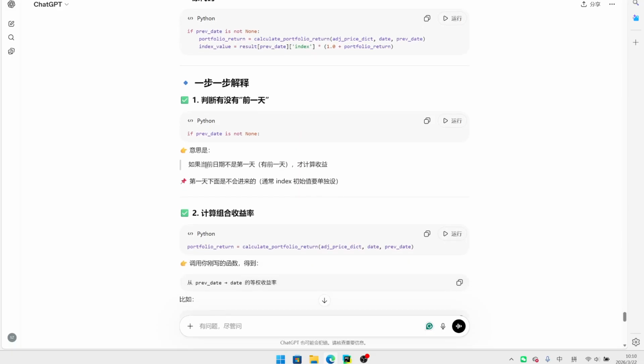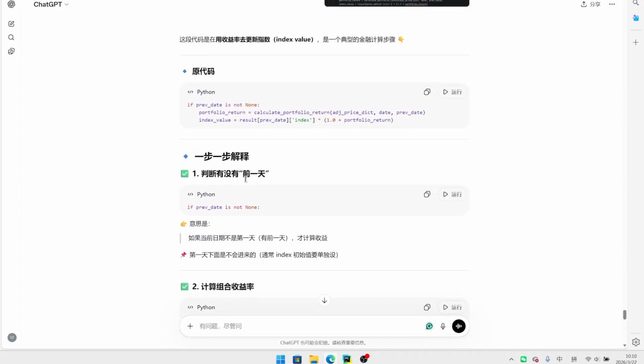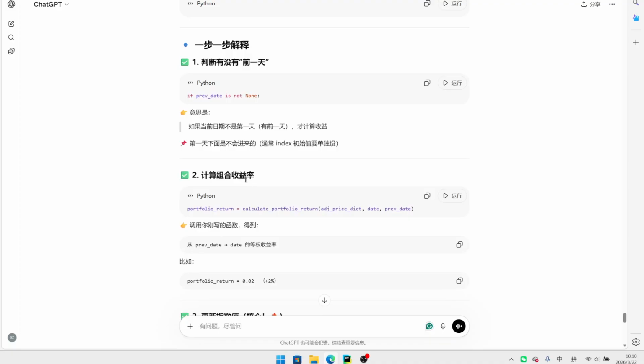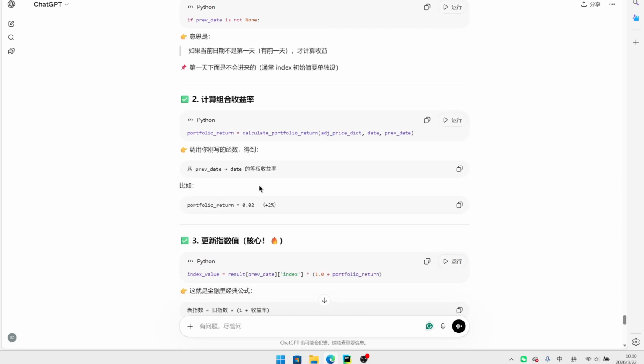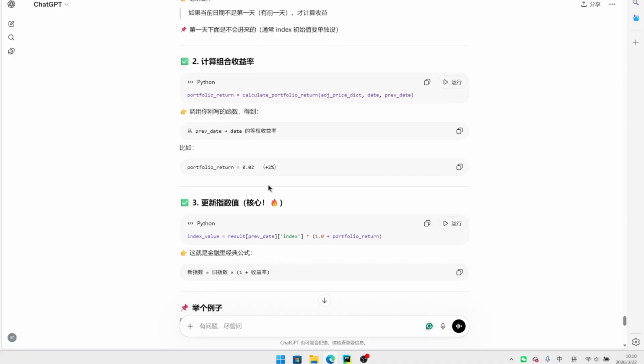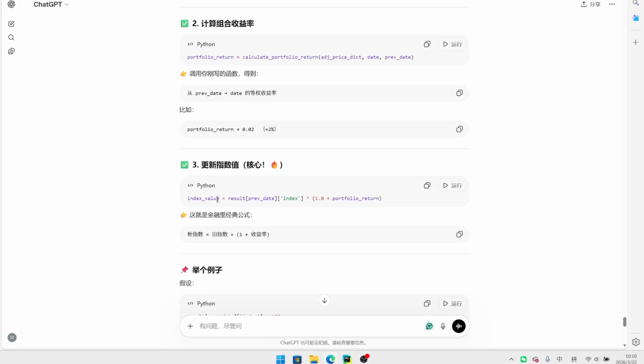If it's not the first day, portfolio return equals accumulated return. Valuation is probability, equal to index value, result index minus.